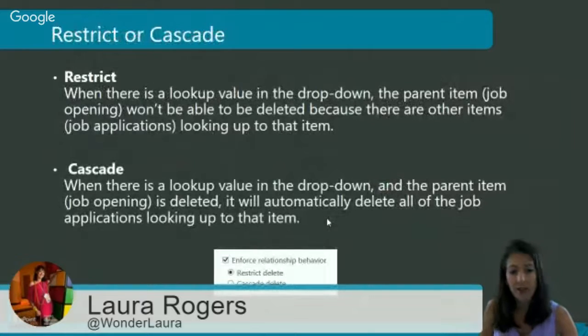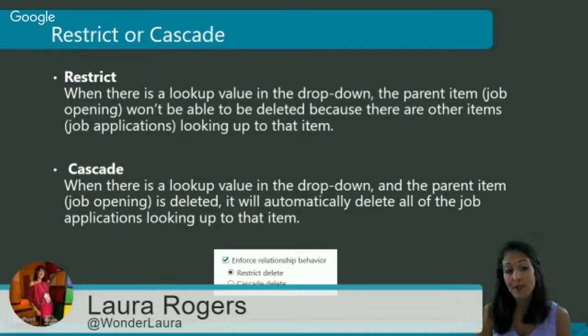All right, the next setting when you're doing a lookup column is whether you want to restrict or cascade. And we'll demo this too. If you have a job opening and you have multiple job applications for that job opening, then if you choose restrict, when someone tries to delete that job opening, it won't let them delete it because it's got related job applications.